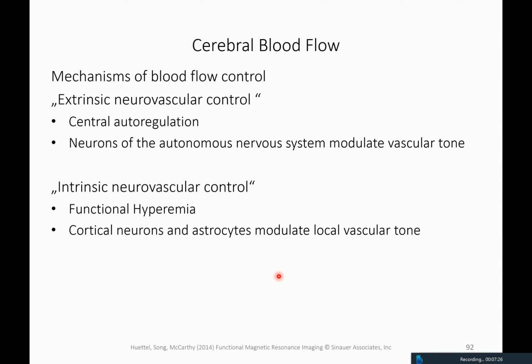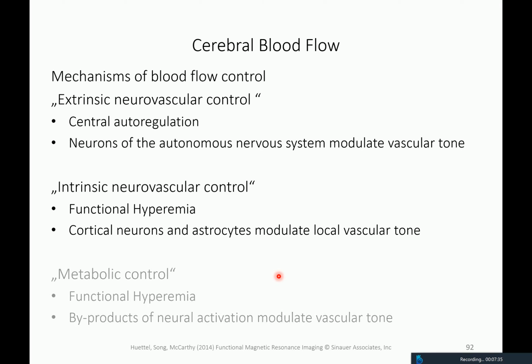And what is called intrinsic neurovascular control, inducing functional hyperemia, and being due to cortical neurons and astrocytes modulating the local vascular tone, and metabolic control, which is also related to functional hyperemia, and is not done by means of cells that are active, but by the byproducts of neural activation that modulate vascular tone.